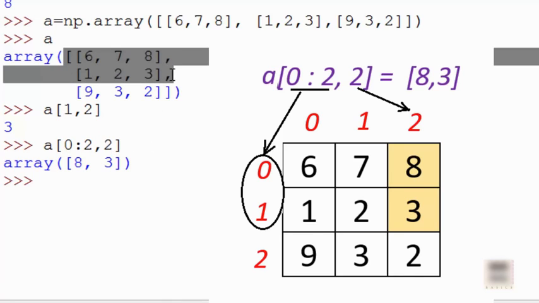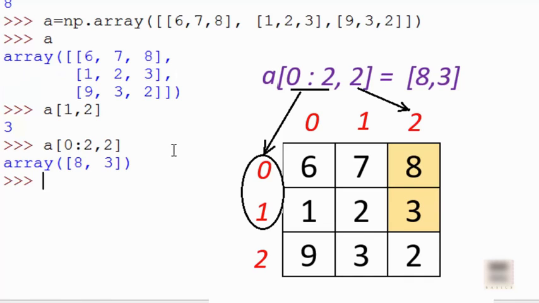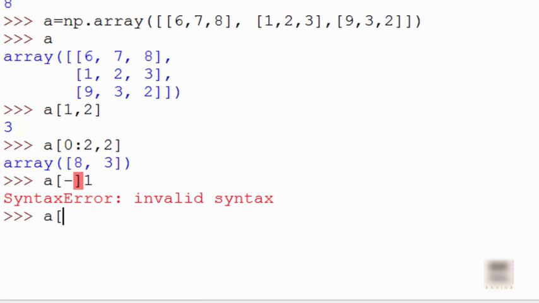So in these two rows, the second element is 8 and 3, so that's what it is printing here. You can also do a[-1]. So -1 is the last element. The last element here is this last row, so that's what it is printing.